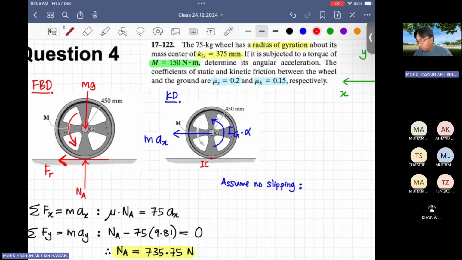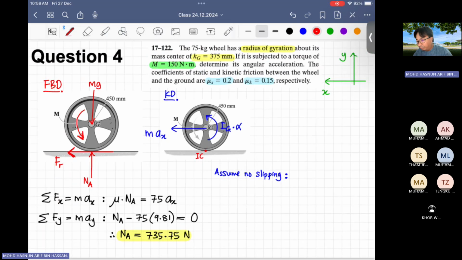So to eliminate unknowns, we will calculate the moment about IC. So now total MIC is equal to IIC times alpha. Okay.